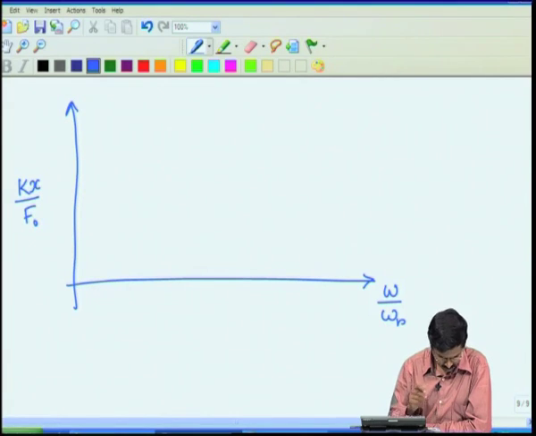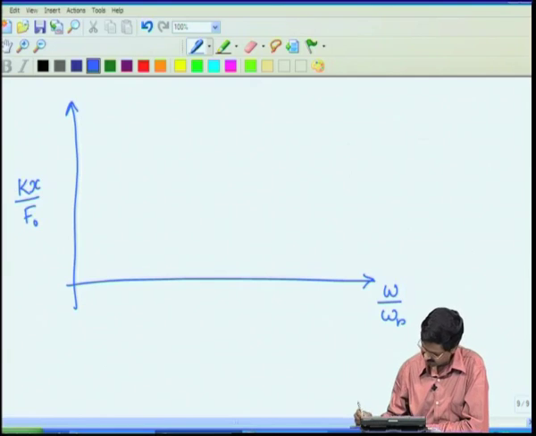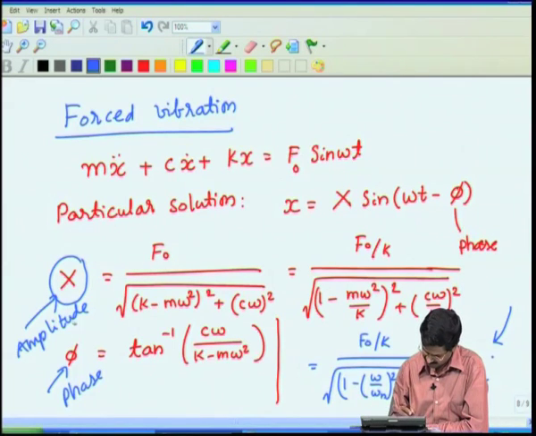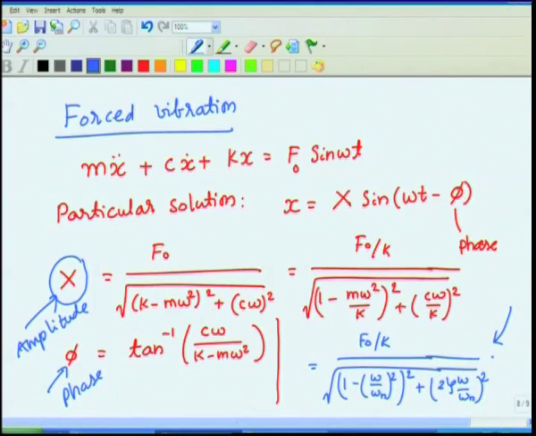If I take this expression, f naught will go to the denominator and k will go to the numerator, that is k x divided by f naught equals 1 over the denominator of this quantity.